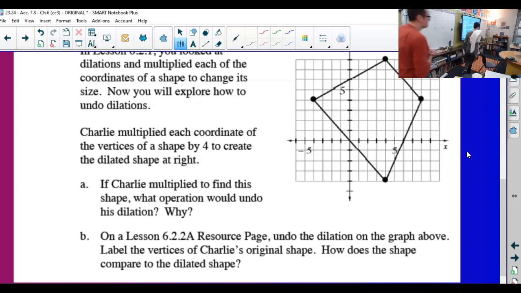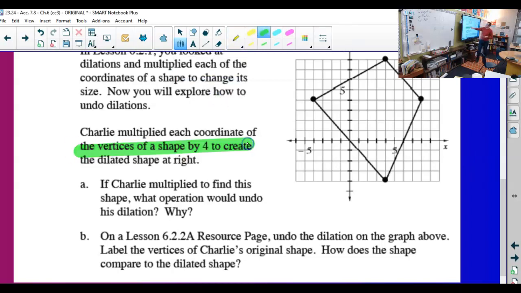So, up here, we get told this shape is the result of Charlie having multiplied every coordinate by 4. This has already been done.